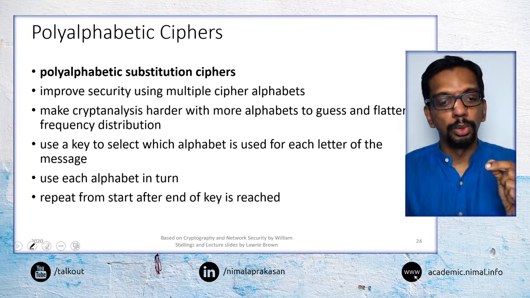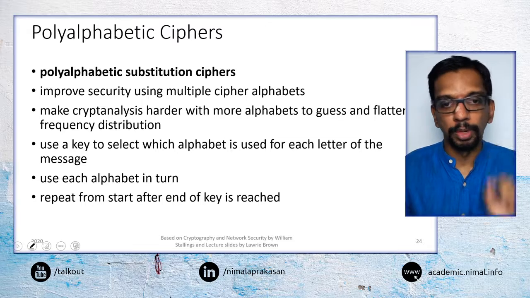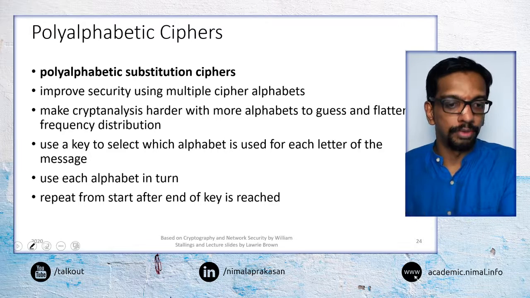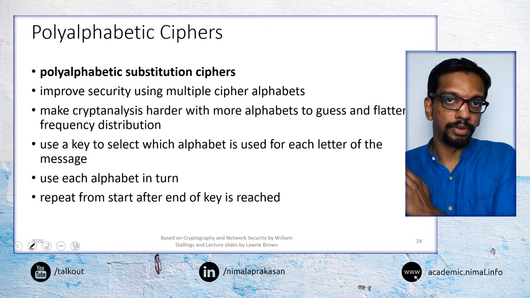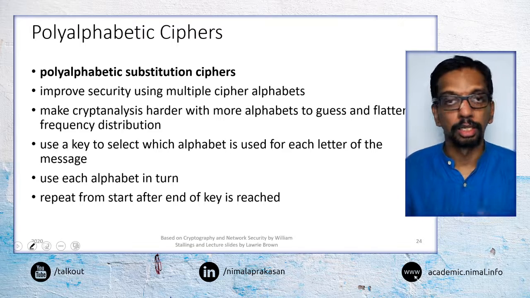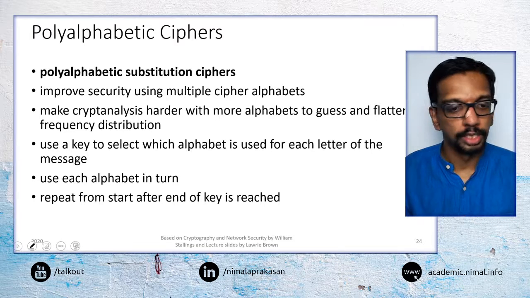For the first letter of the replacement we'll use a particular key, and for the second letter we may use a different key. So each of the letters will be encrypted using different keys. So guessing that would be even harder compared to monoalphabetic replacements or even pairs.